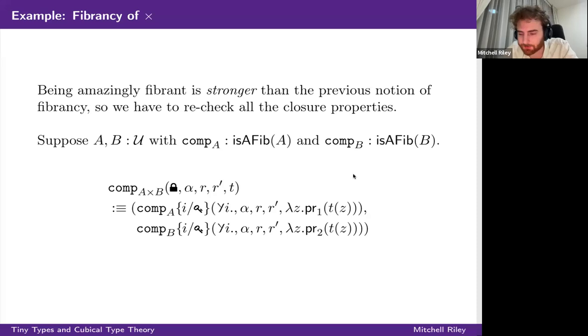Thanks. But is it right that nothing funny is going on on the pattern line with the alpha and the R and R prime and T? Can I write comp of the lock equals lambda alpha, lambda R, and so forth? Yeah, absolutely.